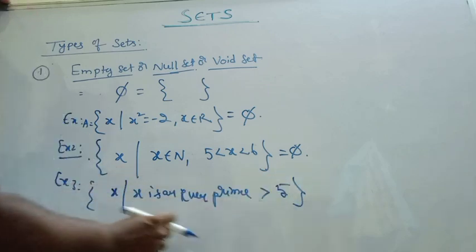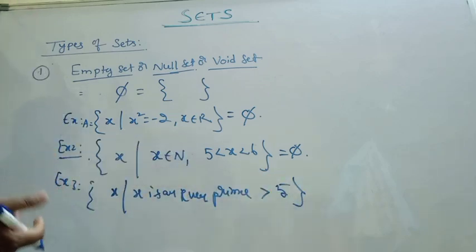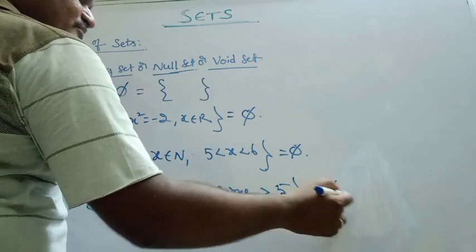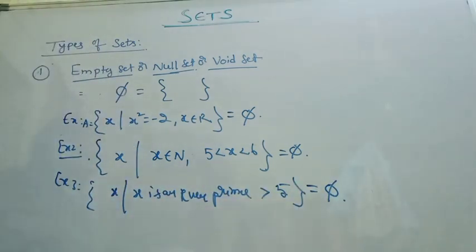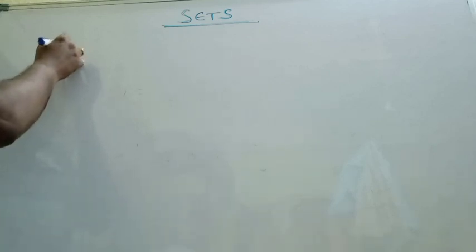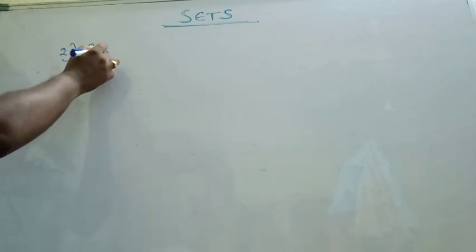Is there any even prime greater than 5? No. Therefore, this is an example of an empty set. Like this, my dear students, we can give plenty of examples. This is what you call an empty set. An empty set is a set which does not contain any elements at all. The next one we have is the singleton set.